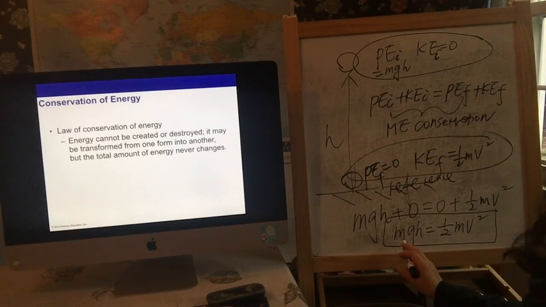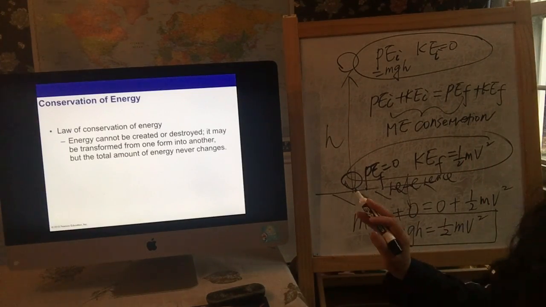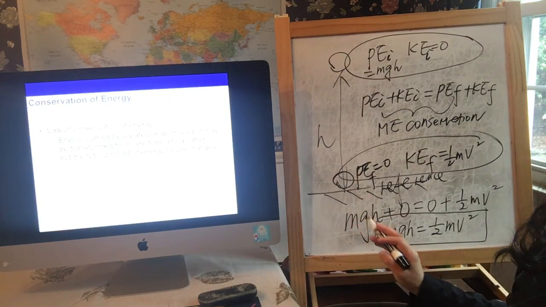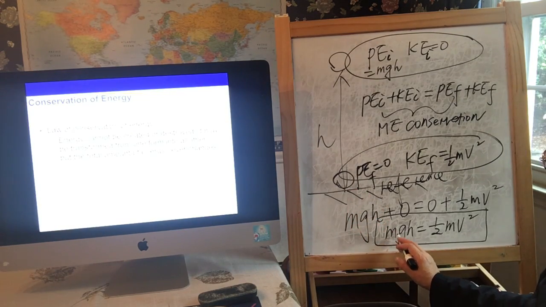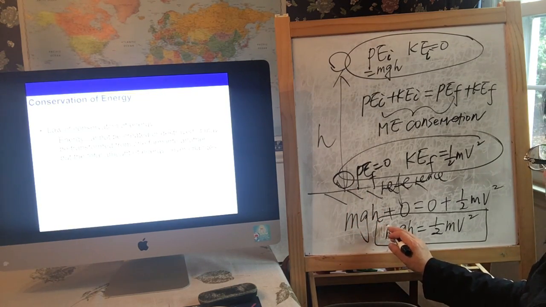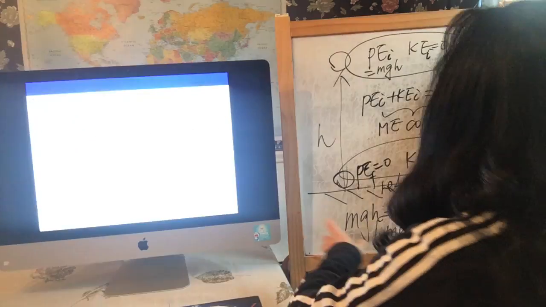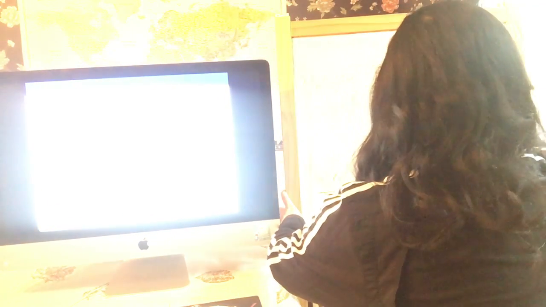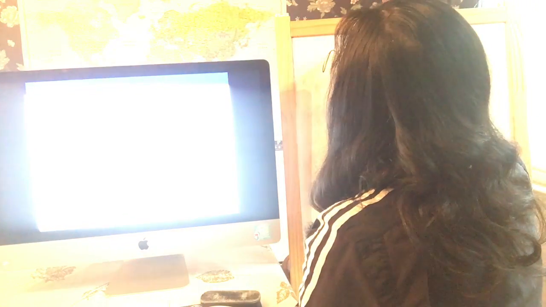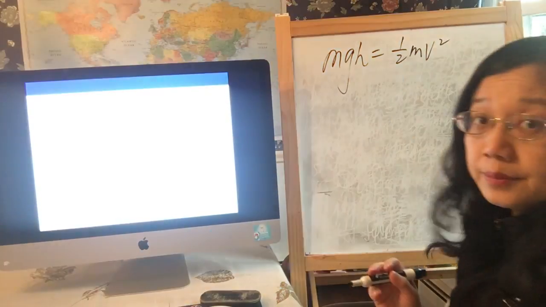If you look at this final equation over here, you can see actually the masses cancel out. I'm going to redo this. It's mgh equals 1/2 mv squared.